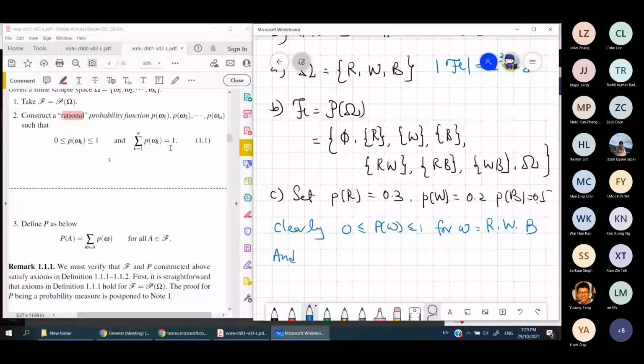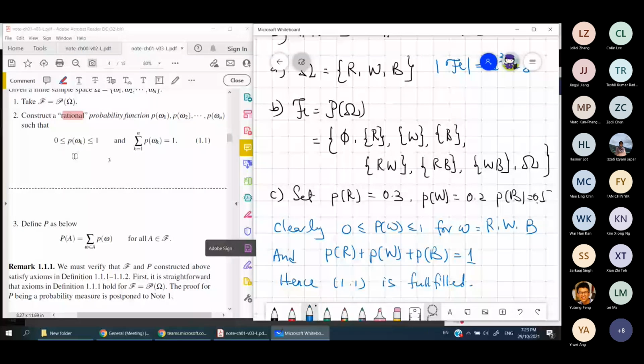So we can see P of R plus P of W plus P of B is equal to 1. Hence, criterion 1.1 is fulfilled. Once this is fulfilled, then this is a probability measure.